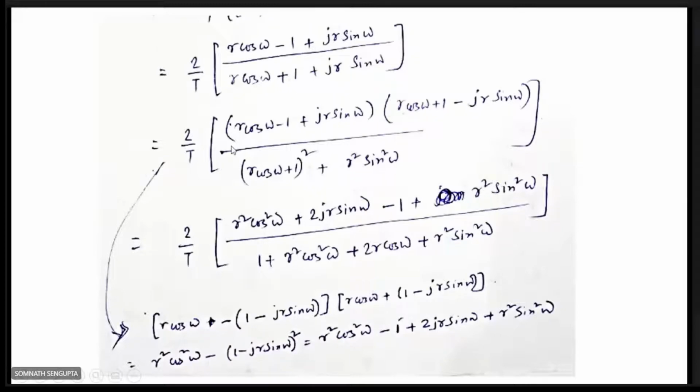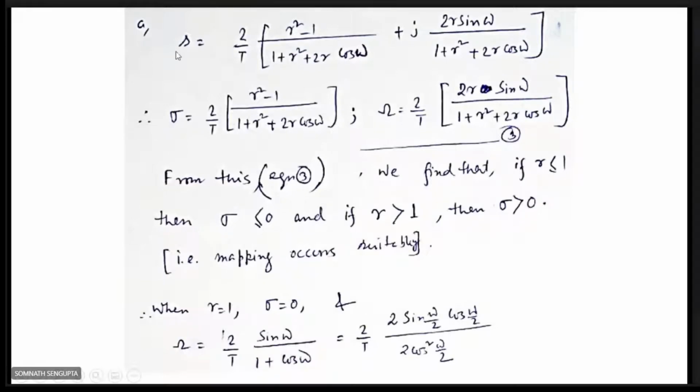So we get s given by this expression, and sigma is the real part, and omega is the imaginary part. Omega is equal to 2 by t, so this omega is the frequency variable.